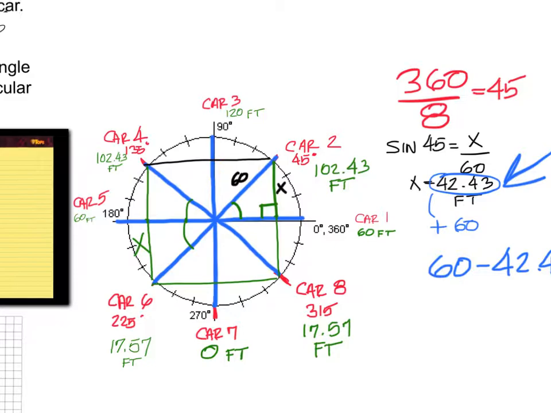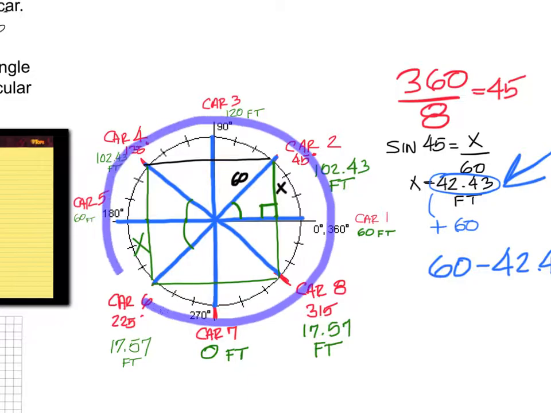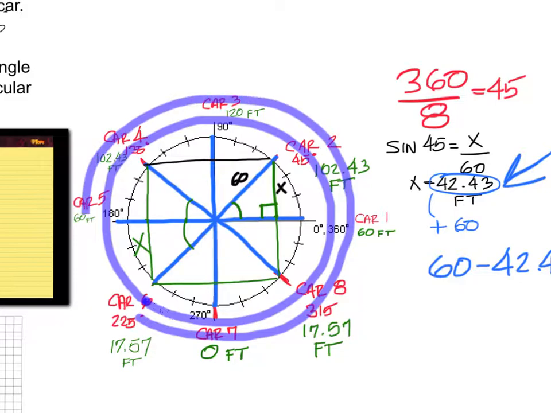The circle is broken into how many parts? 8. Yeah, we have 8 blue spokes on there. So every 2 pieces of that pie would be 1/4 of a rotation. So keep that in mind. Here is 1 rotation about that circle. This will be 2 rotations about the circle.